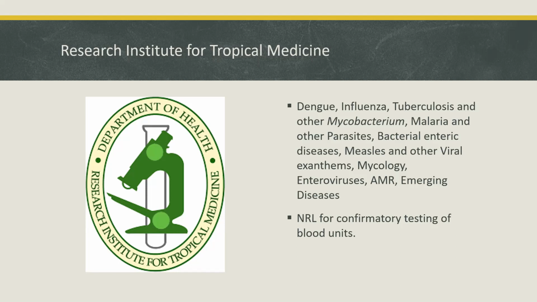And let's add COVID-19. In other words, from the word itself, RITM is the reference laboratory for tropical diseases. What else? RITM is also the National Reference Laboratory for confirmatory testing of blood units.